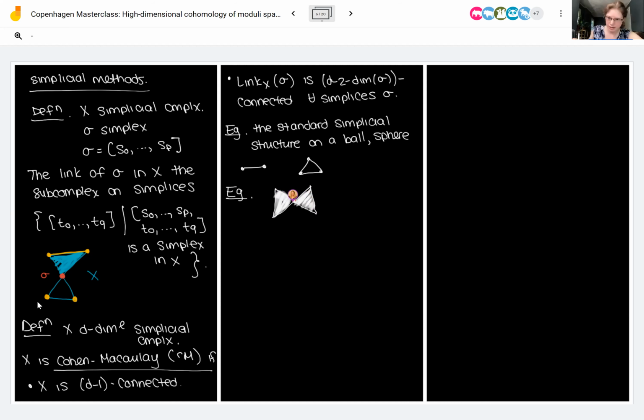So let's look at the link. This simplex here. So here's another exercise. This complex is not Cohen-Macaulay. The link of this vertex is disconnected, which is a problem.